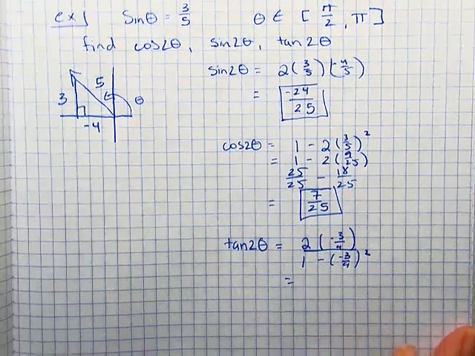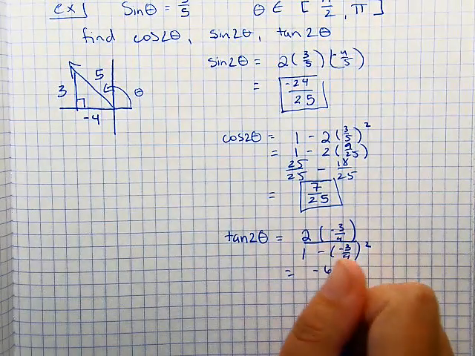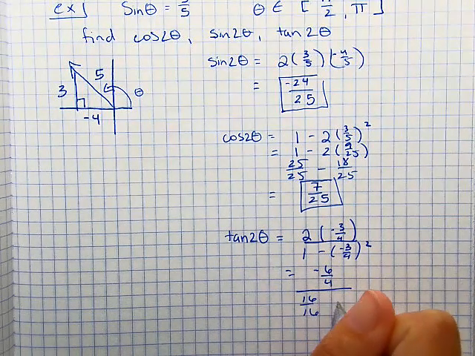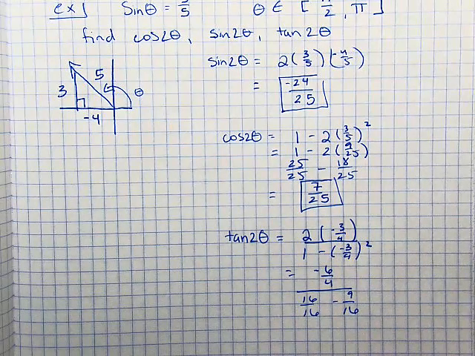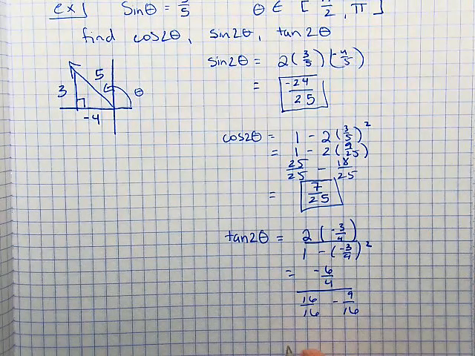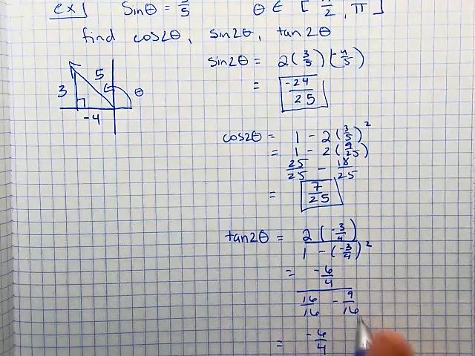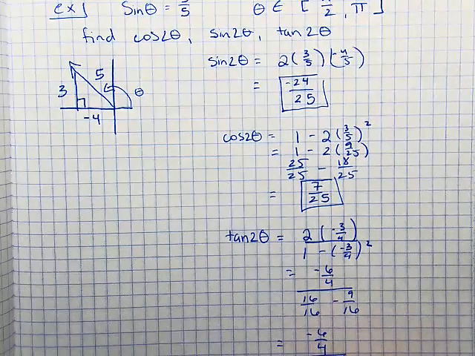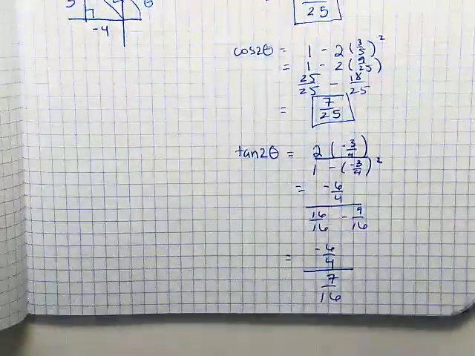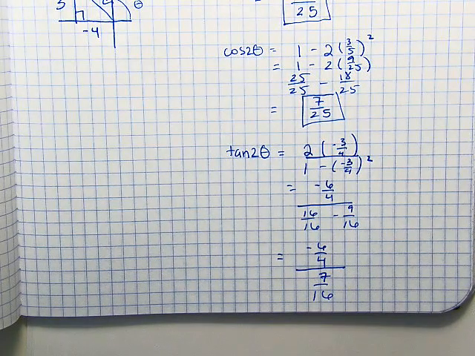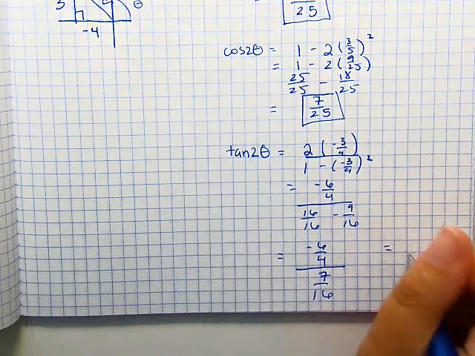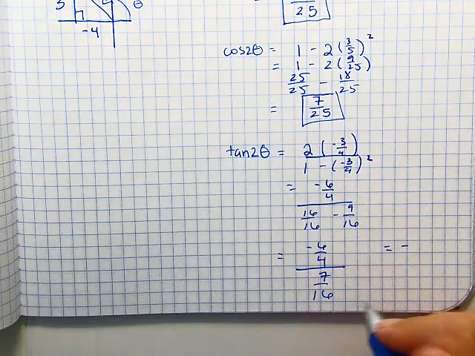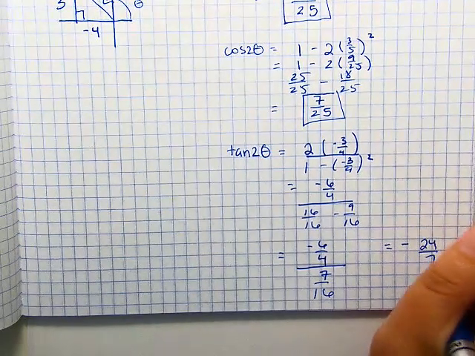And so this turns into -6/4, and then I'm going to write this as 16/16 minus 9/16, which turns into -6/4 divided by 7/16. And so then we will flip and multiply, and simplify, because the 16 and 4 cancel, so it becomes -24/7.